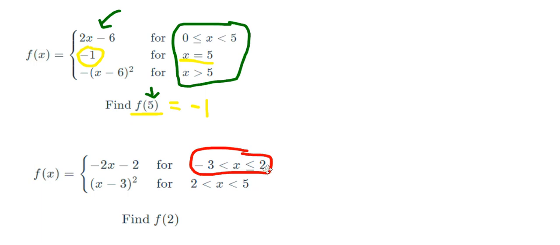So we know we're going to use, because those are the parameters of where 2 fits in, that means that we're going to go ahead and use this rule. And so that just means we're going to plug in 2 when we see x. Oh, all these 2's. All right, so let's plug in 2 when we see x. We'll have negative 2 times 2 is negative 4. Negative 4 minus 2 is negative 6.